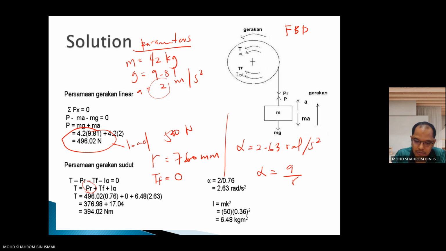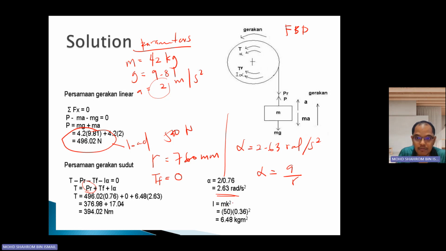So from the equation we got alpha to be 2.63 radian per second squared. So we just insert it in order to get inertia I equivalent to mk squared.